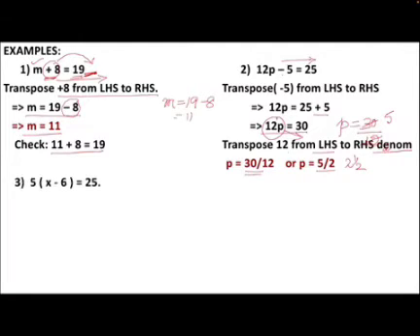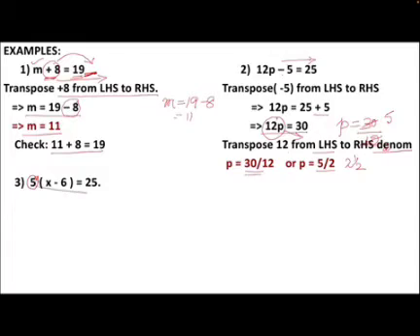Okay. Next. 5 into x minus 6 equals 25. So we are following the transposing elements method, is it not? So what we do is first shift this 5 to RHS. But since 5 is multiplied, 5 of x minus 6 is 5 into x minus 6, children. So first let us get rid of this 5.